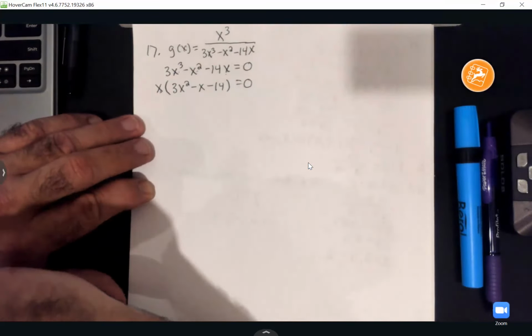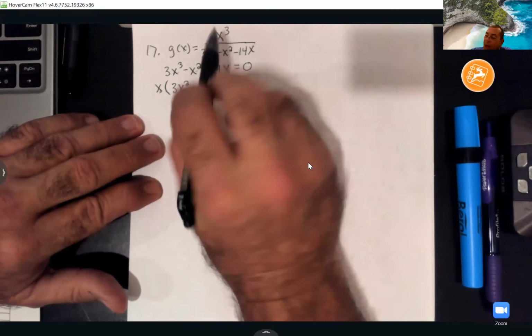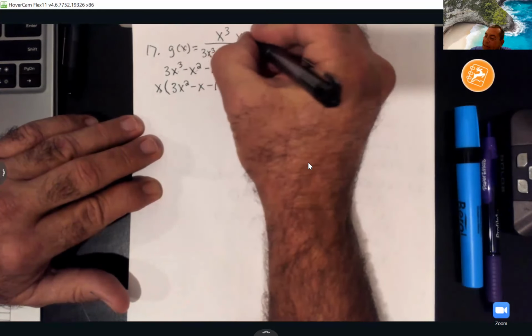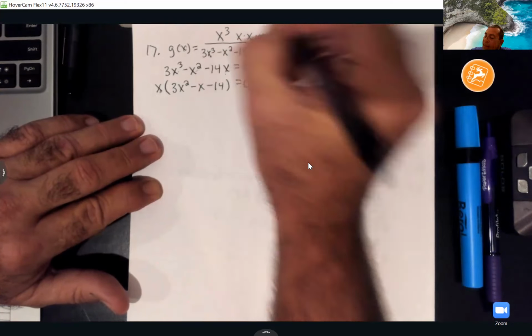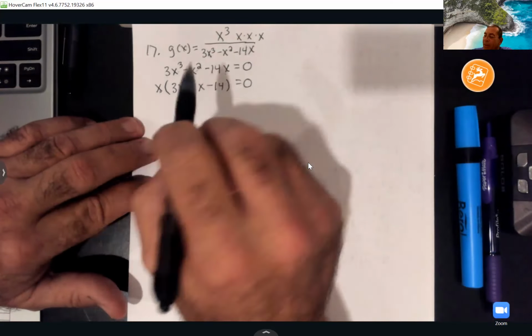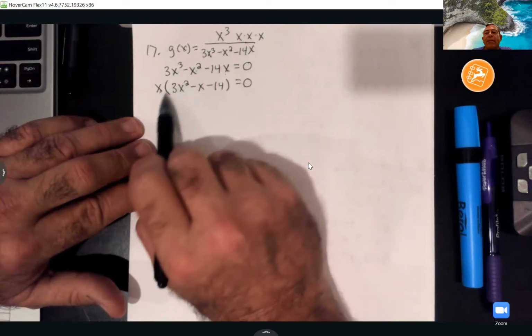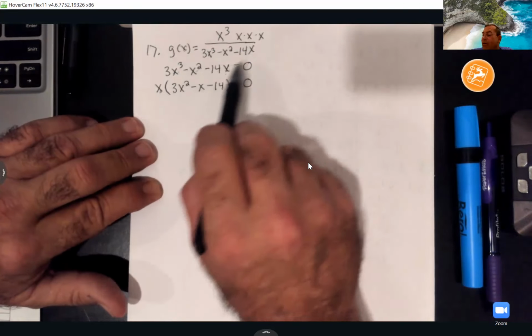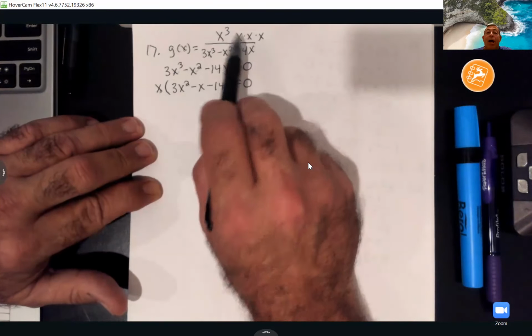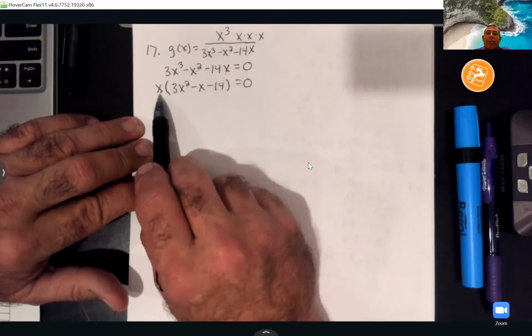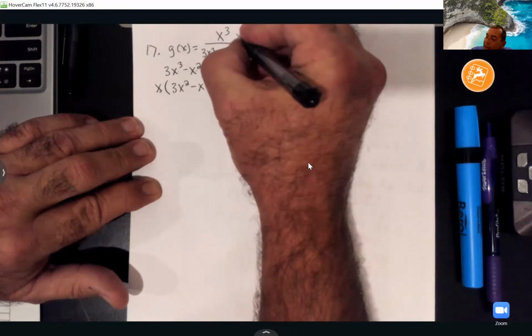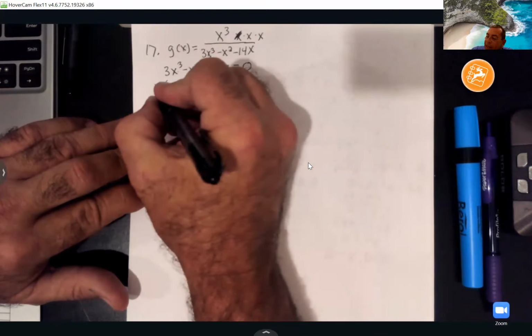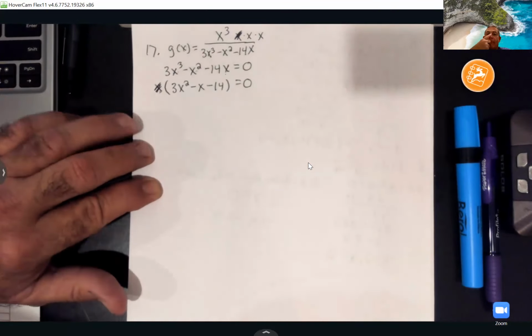Now, check this out. X to the third is really what? X times x times x. So y'all remember, a vertical asymptote gets canceled out if there's a factor on top that matches a factor on the bottom. Well, that means one of these x's on top is going to cancel out that x.